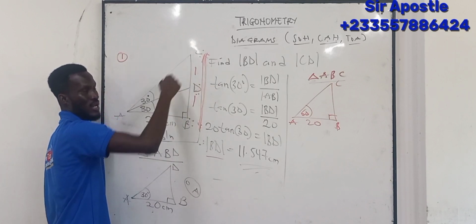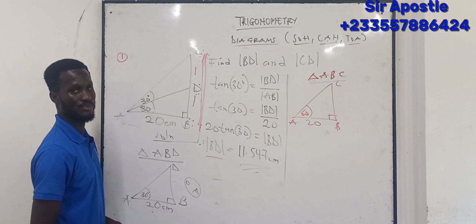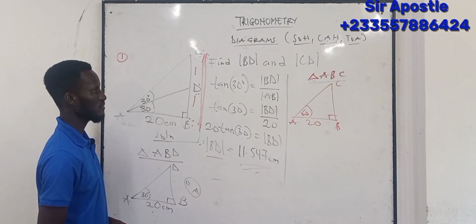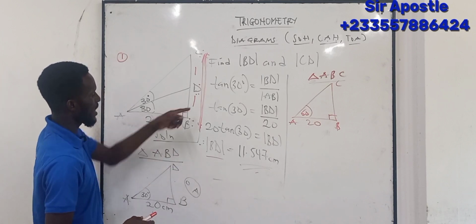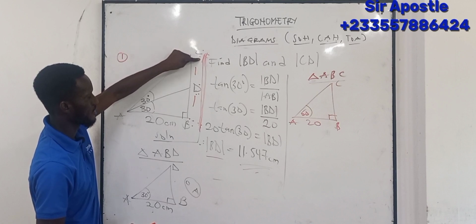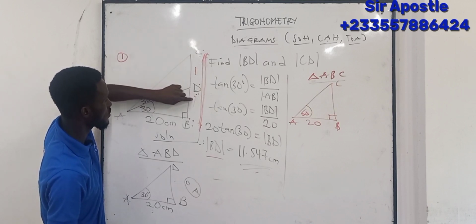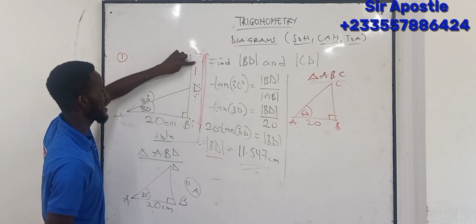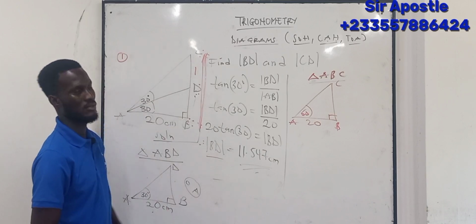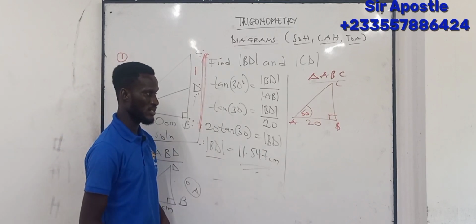Then we get the small length CD. You can create a linear equation and solve.